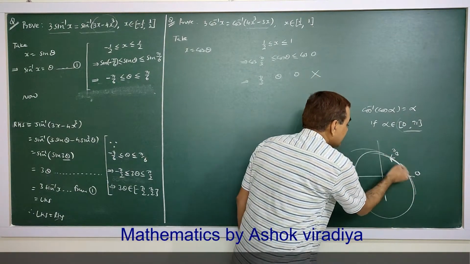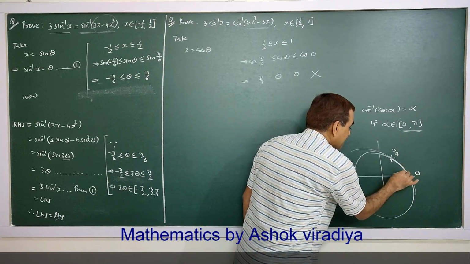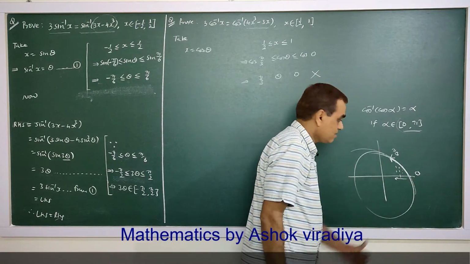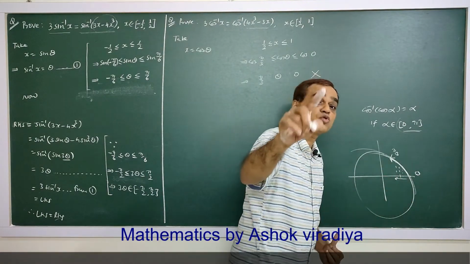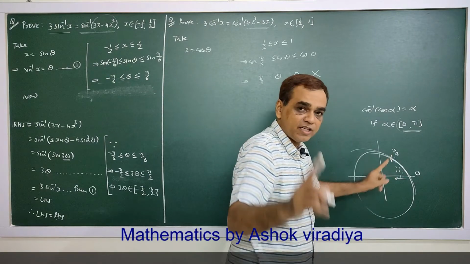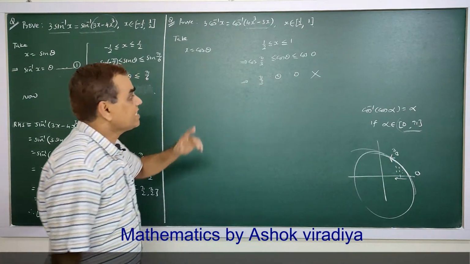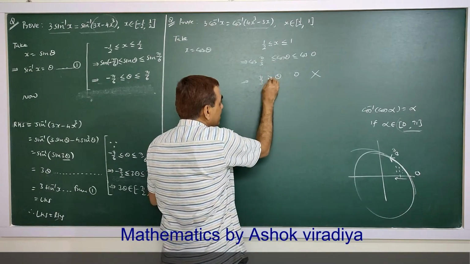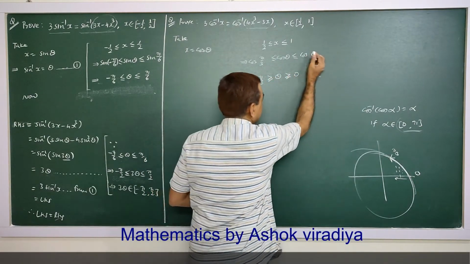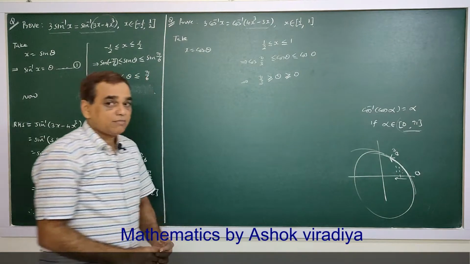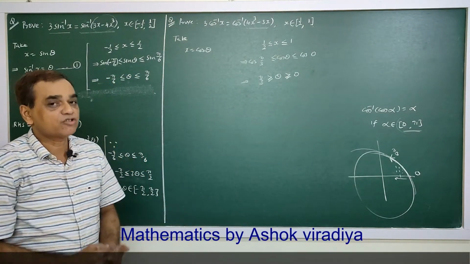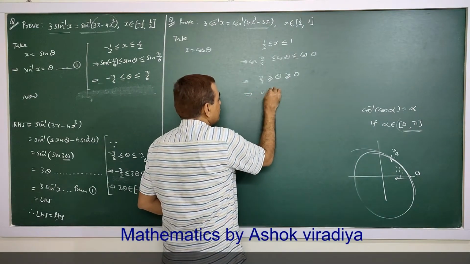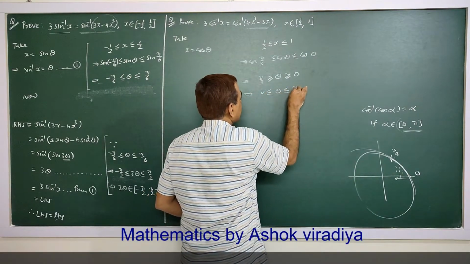When theta is increasing, every point's x coordinate is decreasing. See, x coordinate is going back. So x is decreasing, that means cosine is decreasing. In the first quadrant, cosine is decreasing, and when we remove the cosine function, the sign of the inequality will be reversed. This sign is reversed because cos is a decreasing function. So this means 0 less than or equal to theta less than or equal to pi by 3.